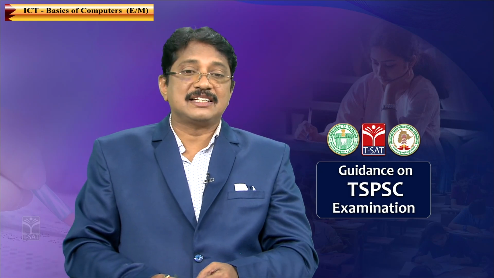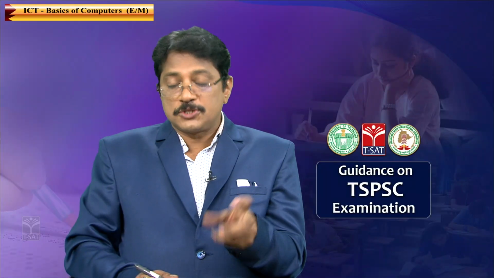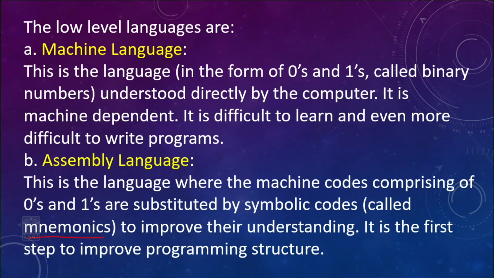And the second one is assembly language, means here this is the language where the machine codes comprising zeros and ones are substituted by symbolic codes called mnemonics. Mnemonics is very important, means the combinations of 0s and 1s are substituted by symbolic codes. These symbolic codes called mnemonics improve understanding.